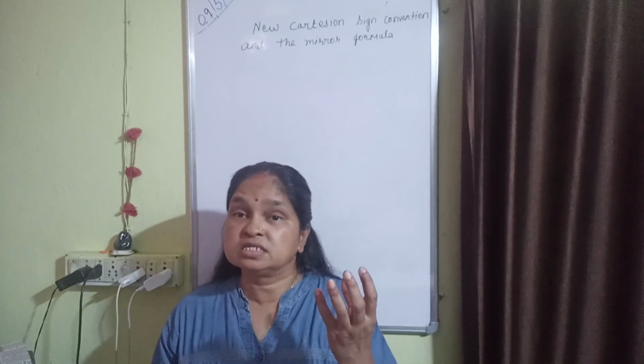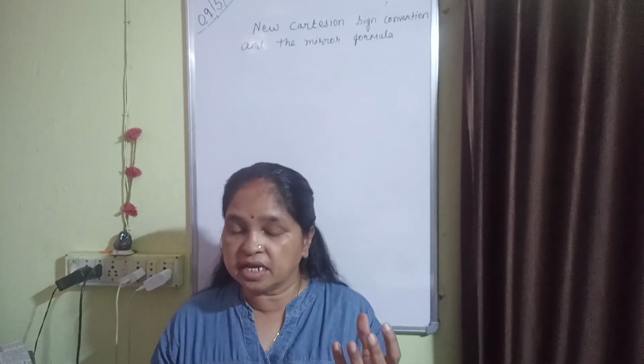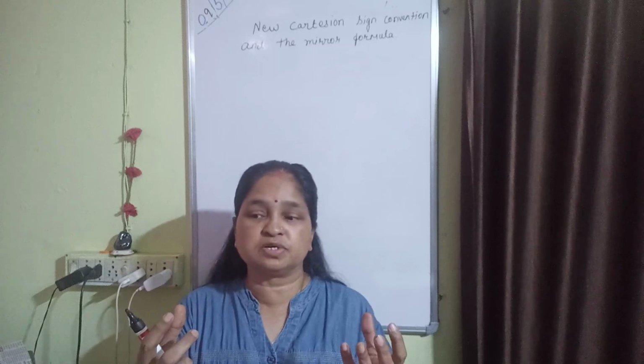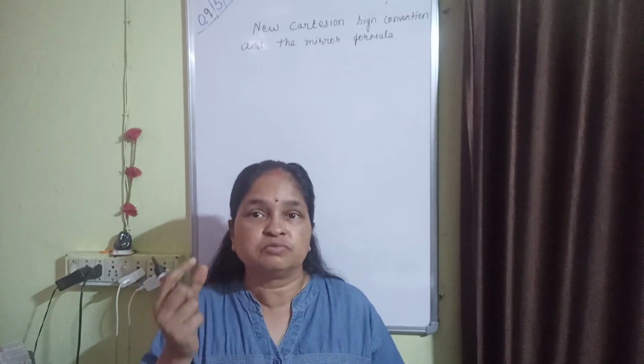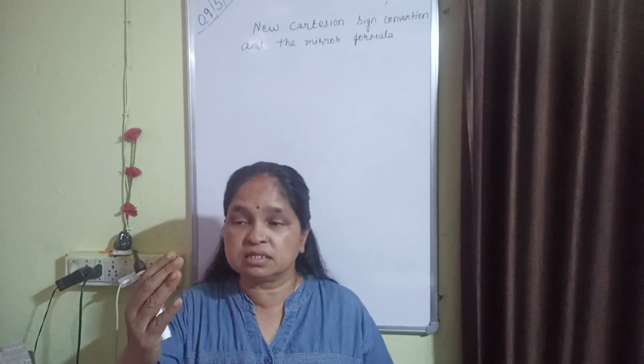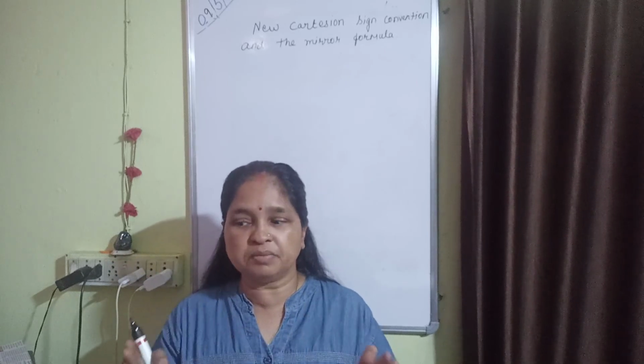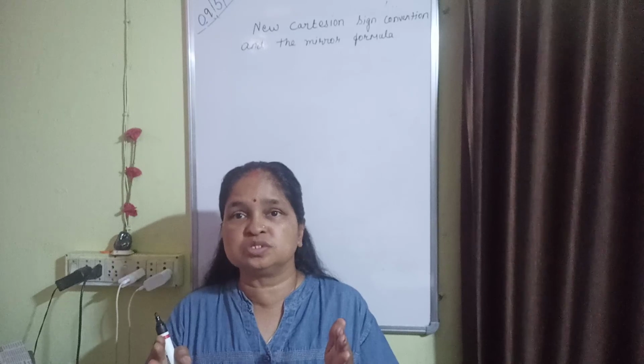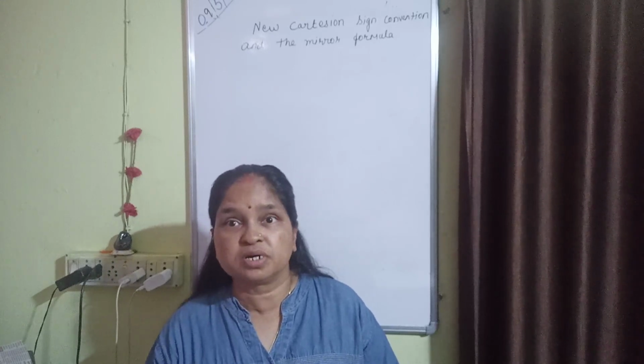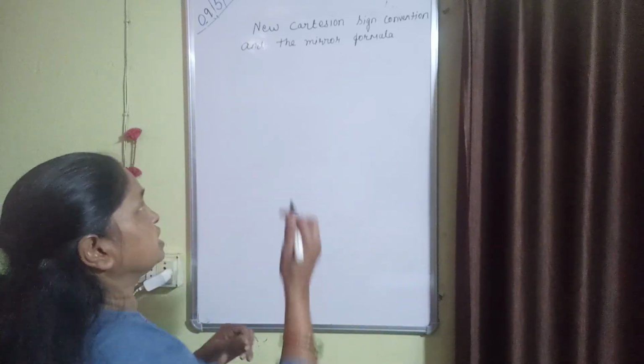So this sign is assigned to some of the physical quantity which is used in the formation of image or in the measurement, whatever is used in ray diagram. So what are those physical quantities? First let us try to understand.